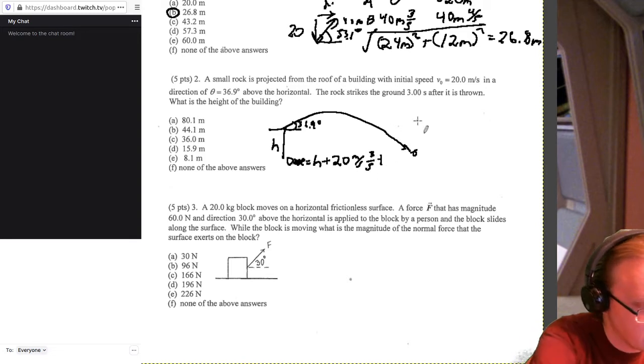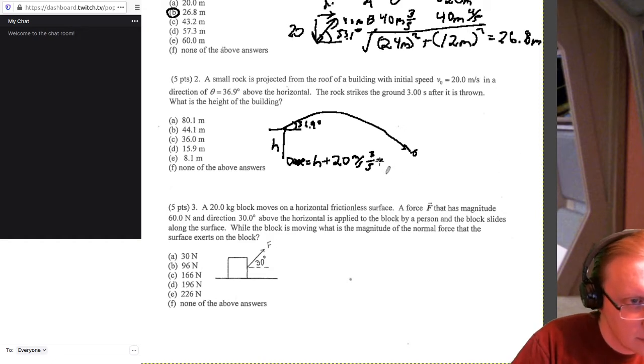T is 3 seconds. Minus 1/2 g, 9.8 meters per second squared, times t squared, 3 seconds squared. Seconds cancel, and so this is a meter, that's a meter, this is a meter, which leaves us with h in meters. Yay, everything makes sense.